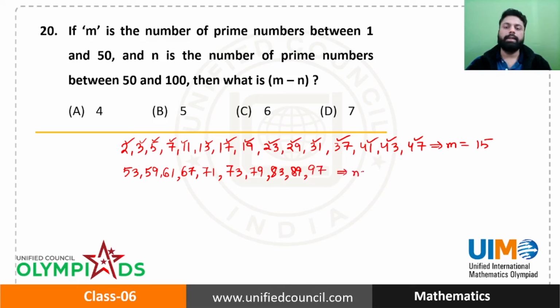So this implies n is equal to 10. m minus n will be equal to 15 minus 10, that is equal to 5. B option is the correct answer.